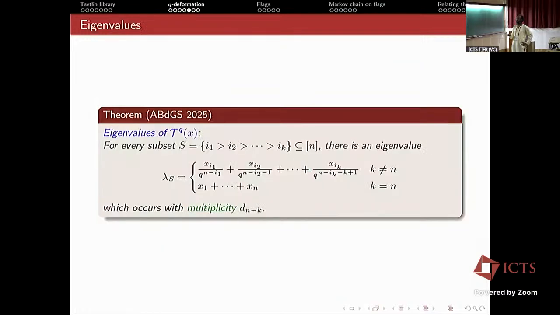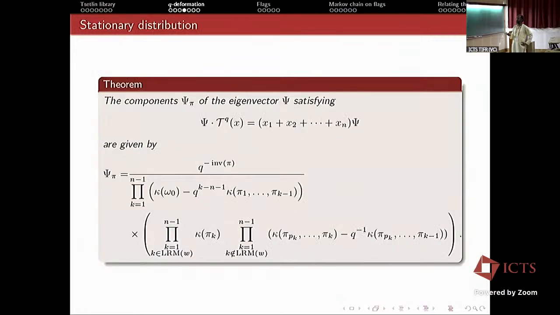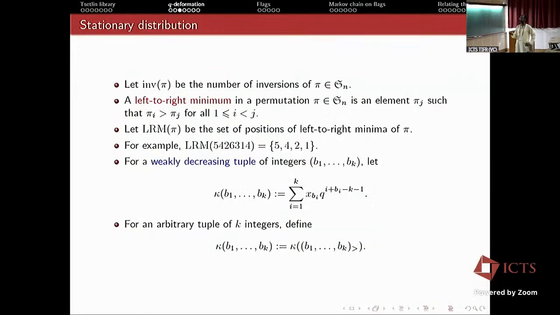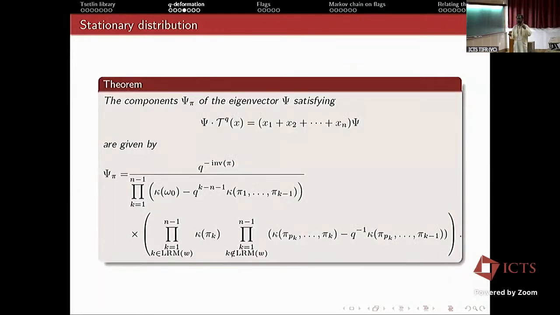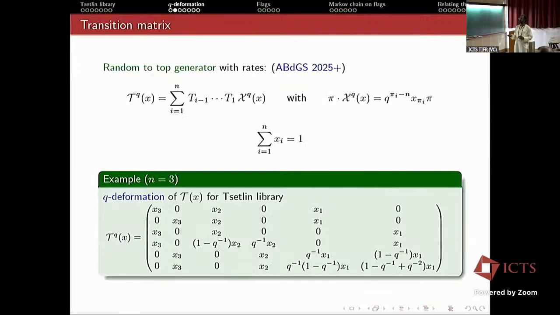The surprising thing for us was that after we found it, we tried to prove it directly on permutations. In principle this does not seem so hard, because you have a candidate, so all you have to do is verify that it's a left eigenvector with eigenvalue 1 for this matrix.